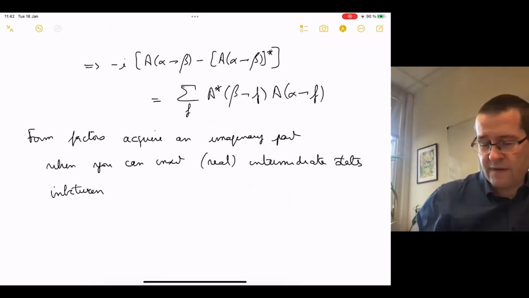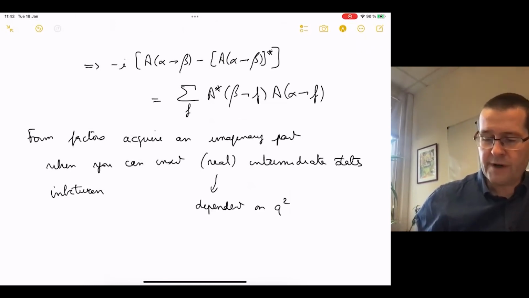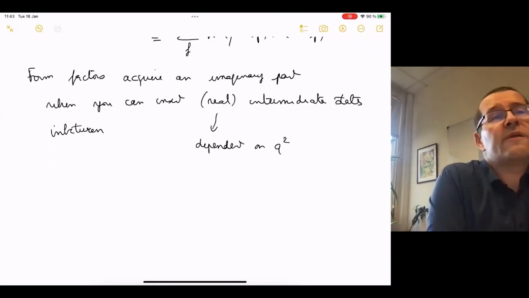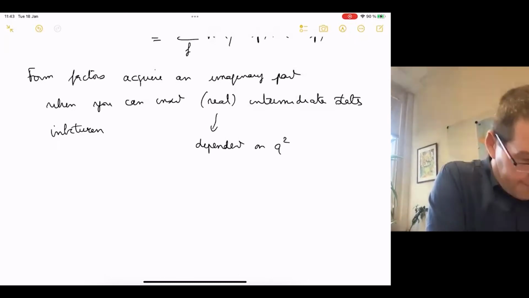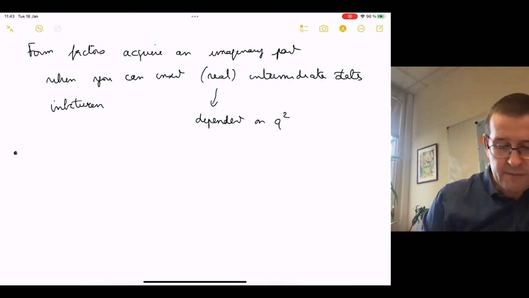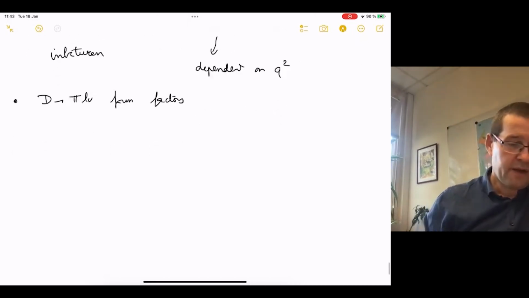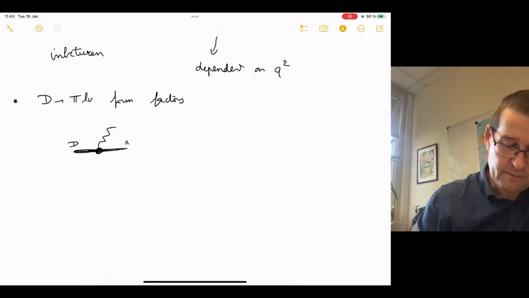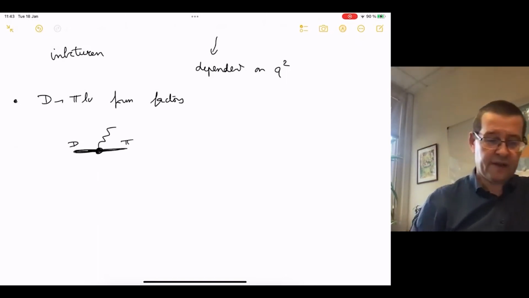And the fact that they're real will be dependent on q squared, because that corresponds to the kinematic regime where you are. So just to make that maybe a bit less obscure, if I come back to my D to pi l nu form factors, I started with a discussion where I had this transition between a D and a pi.